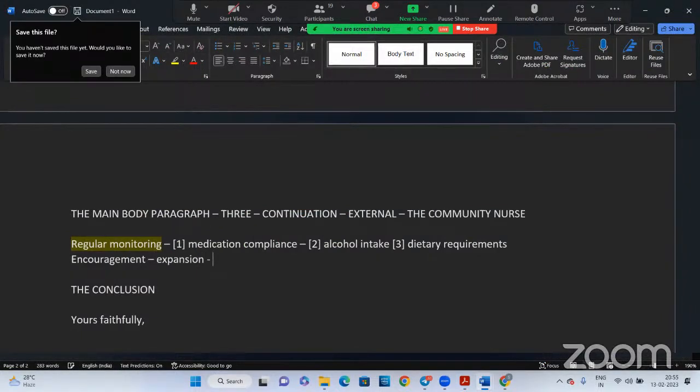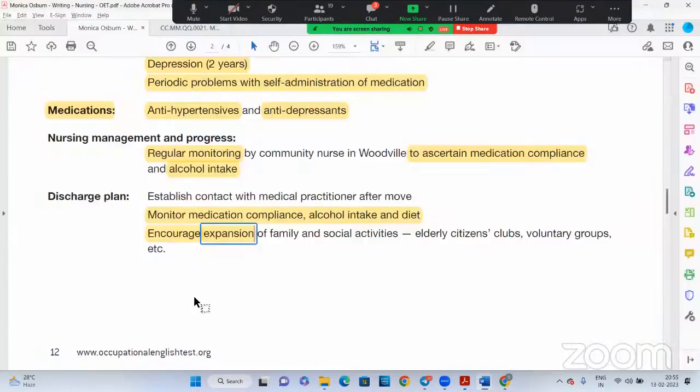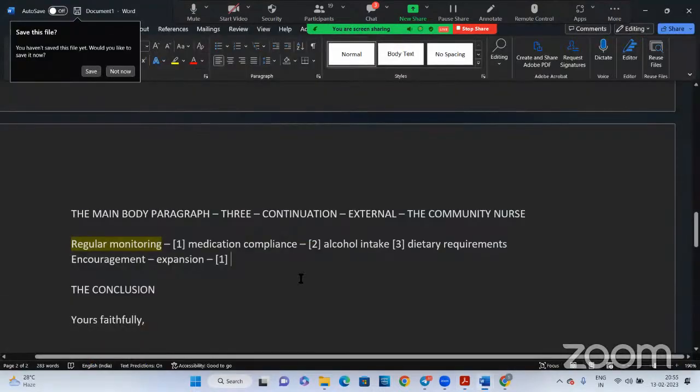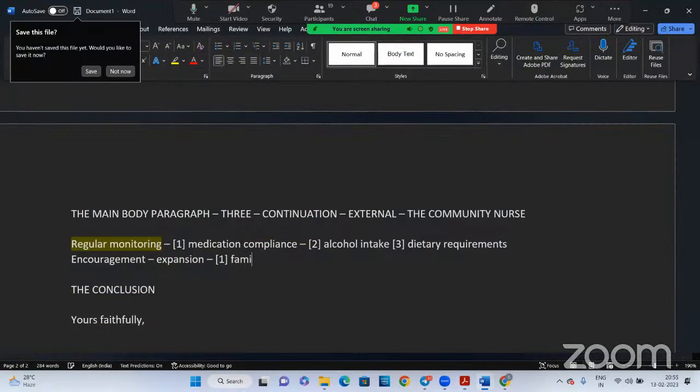Number 1, family activities, and number 2, social activities. Family activities is number 1.